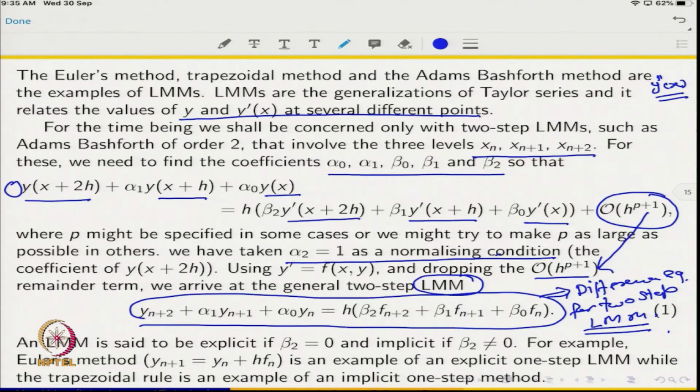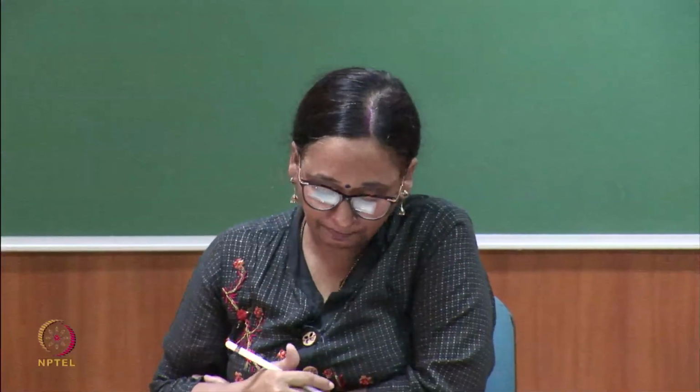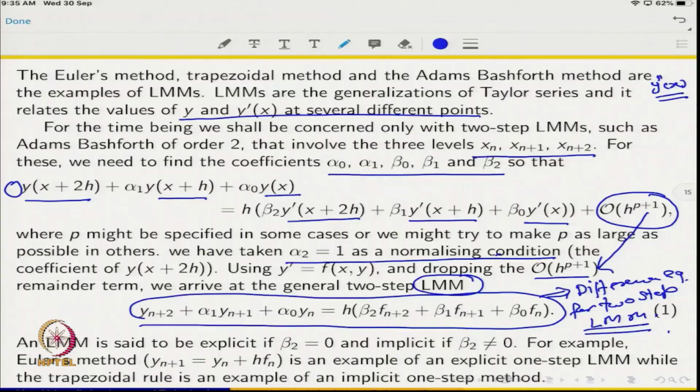That is the definition which we have already seen in the last lecture, corresponding to explicit and implicit methods. I do not need to repeat that definition again. While if beta 2 is 0, it is explicit, if beta 2 is not 0, it is an implicit linear multi-step method.